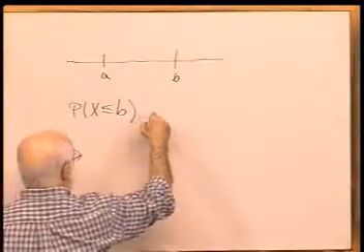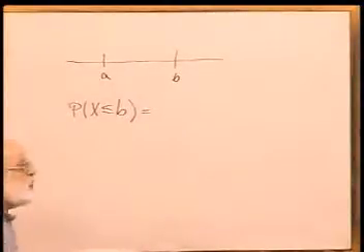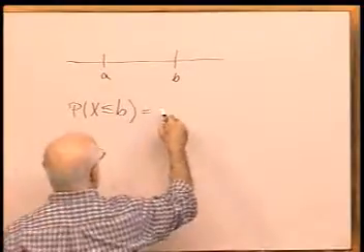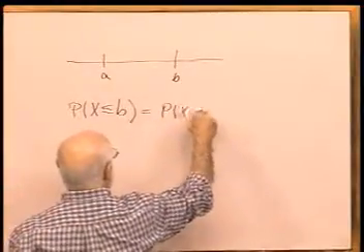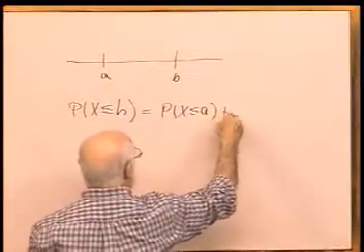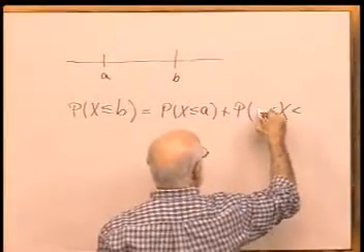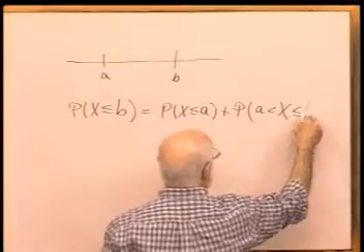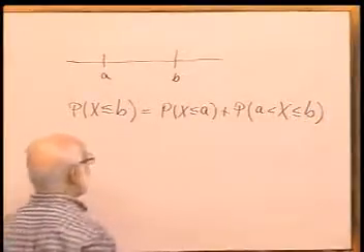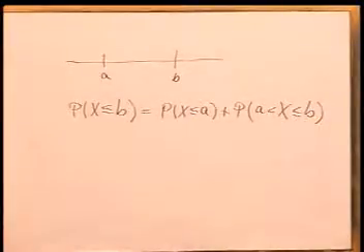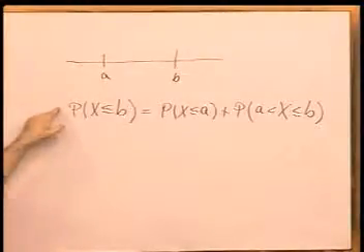Well, we can see that it's the probability of the union of two events. It's the probability that X is less than or equal to A, plus the probability that X lies between A and B, excluding the A, including the B. So this is obviously a true statement, whether the random variable is discrete or continuous.